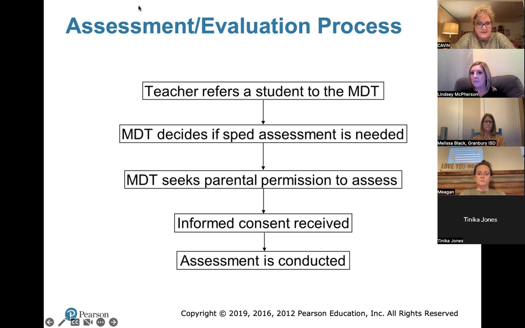Well, I think the best place to start is where I started with you all in class: you start with the disability categories. I think a lot of teachers don't realize that there are 13 disability categories and you've got to fit into one of these. I think people just think, okay, he's not achieving, and so he needs special ed.